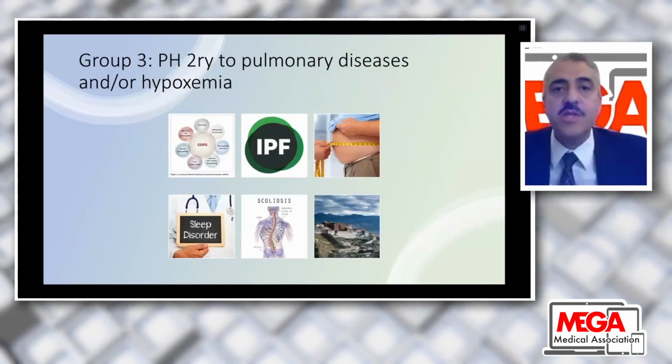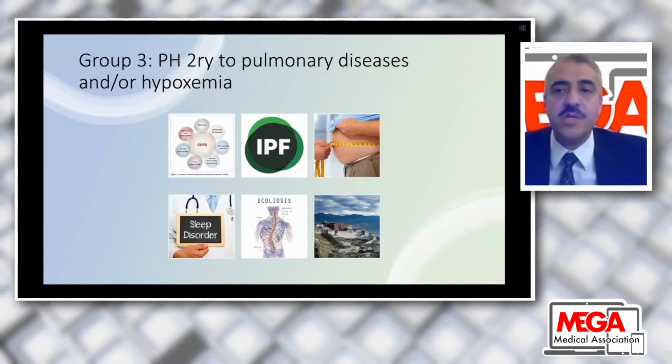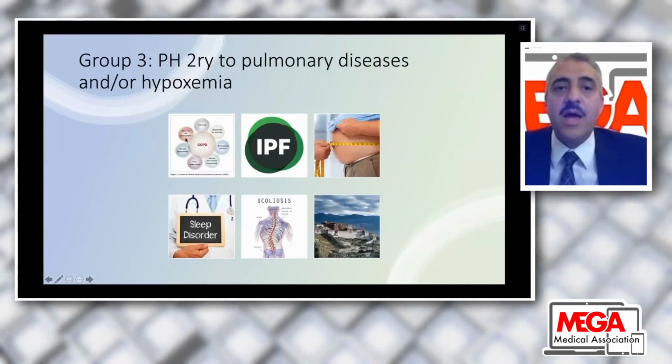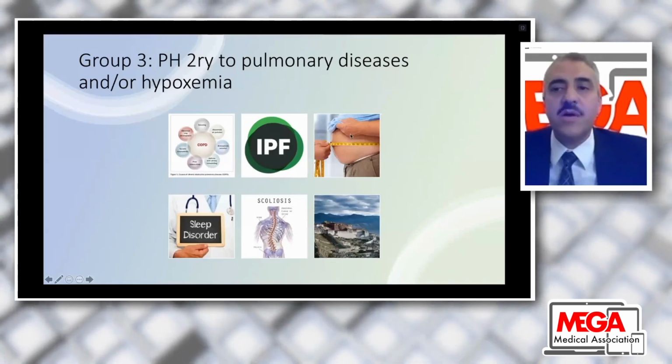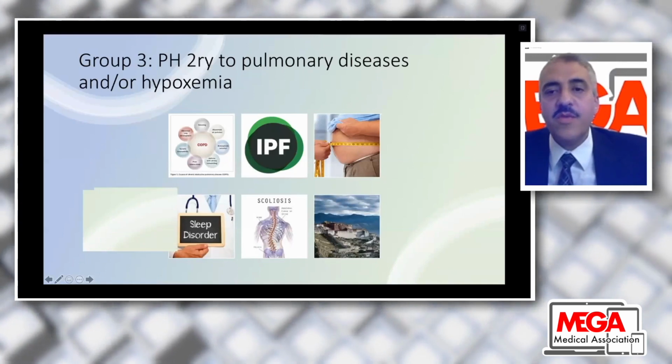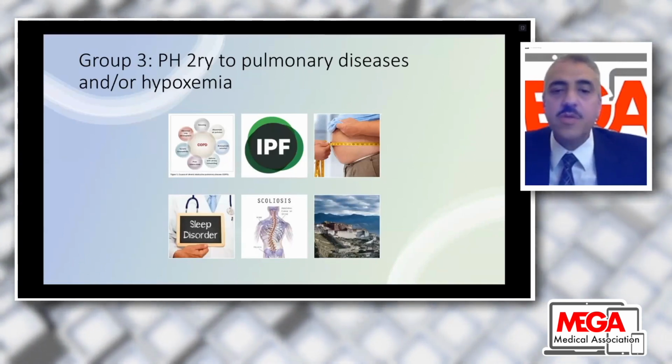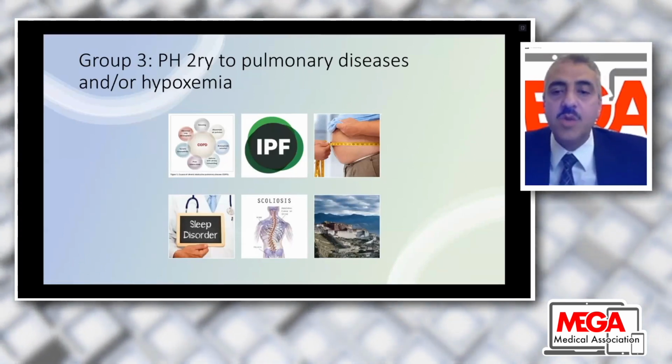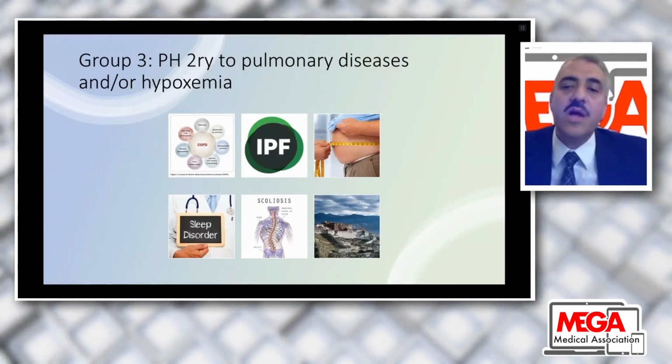Group 3 is pulmonary hypertension secondary to pulmonary disease. These pulmonary diseases are, for example, COPD, interstitial pulmonary fibrosis, obesity, sleep disorders like obstructive sleep apnea, scoliosis, or just living at high altitude.